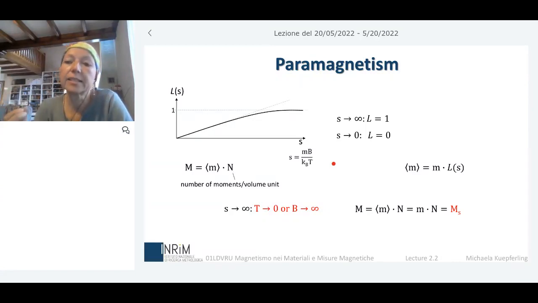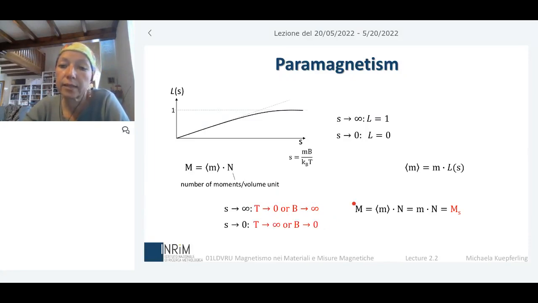At least if we apply a very, very small magnetic field. Of course, at an extremely high magnetic field, all magnetic moments in the paramagnet will be aligned. So you're also at saturation. If S goes to zero instead, then this means that the temperature is infinite or the magnetic field is zero.